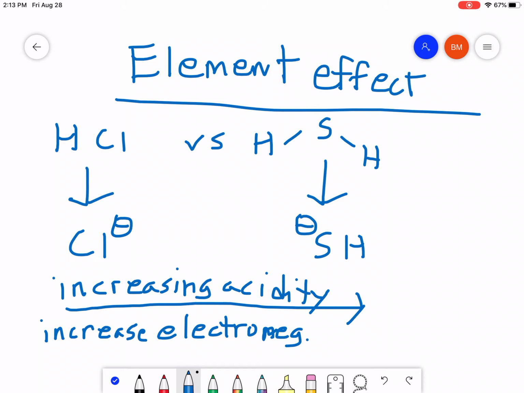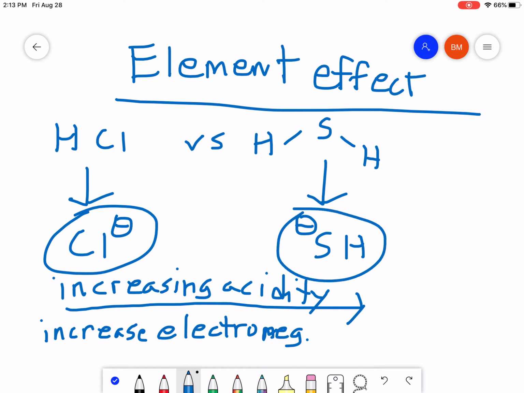Cl is definitely more electronegative than sulfur, so it's going to be able to better handle a negative charge. So between these two, Cl minus and SH minus, Cl minus is more stable. That means it comes from the stronger acid, and we can say that HCl is stronger than H2S. So if these two were to react, HCl would give up its proton, and H2S would accept that proton to become H3S+.